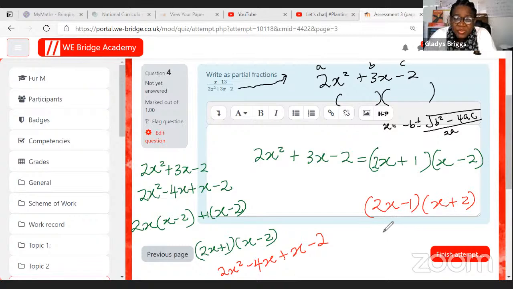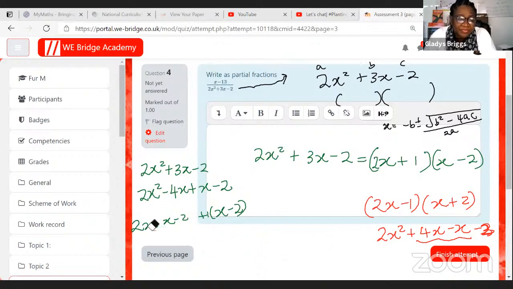So yours is 2x squared plus 4x minus x minus 3 minus 2. That's right. Yours is correct. Yeah. So you guys could have just simply used the formula.